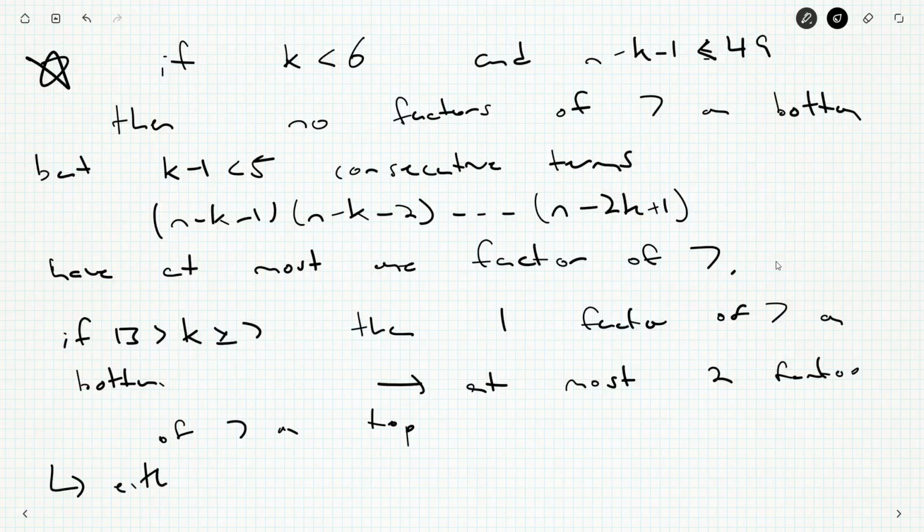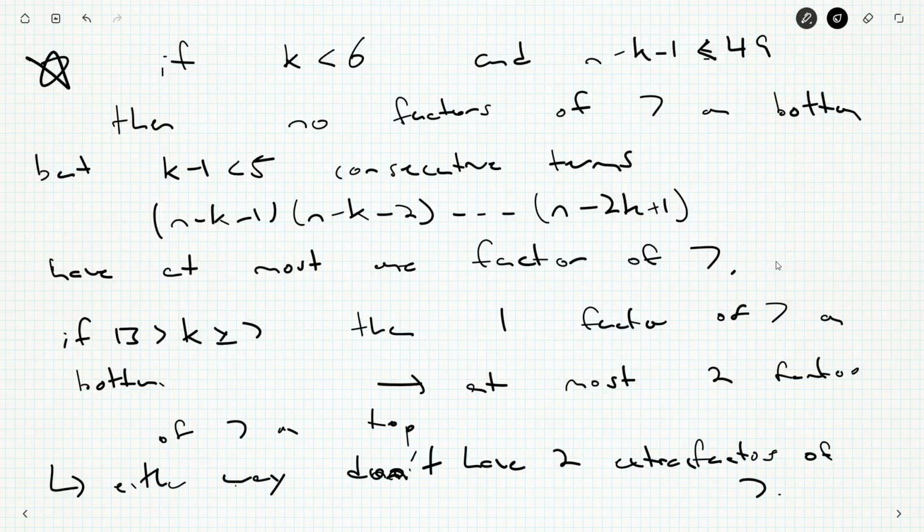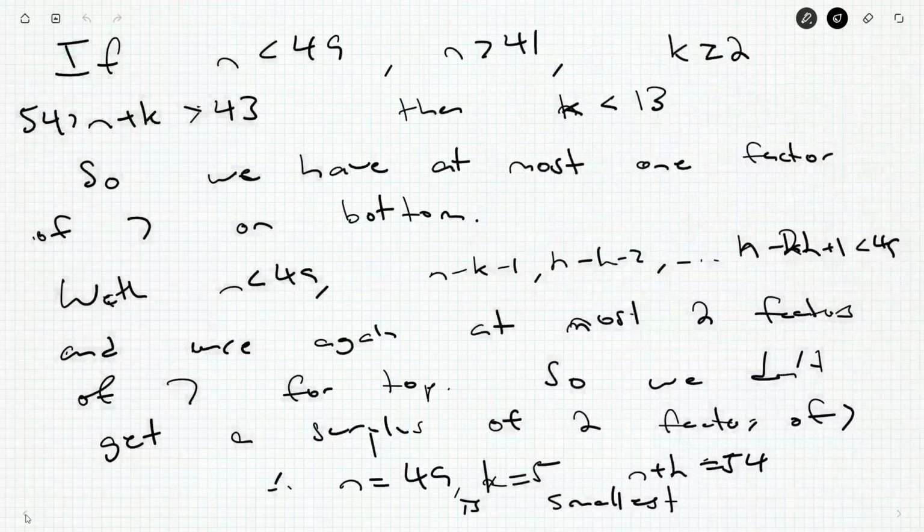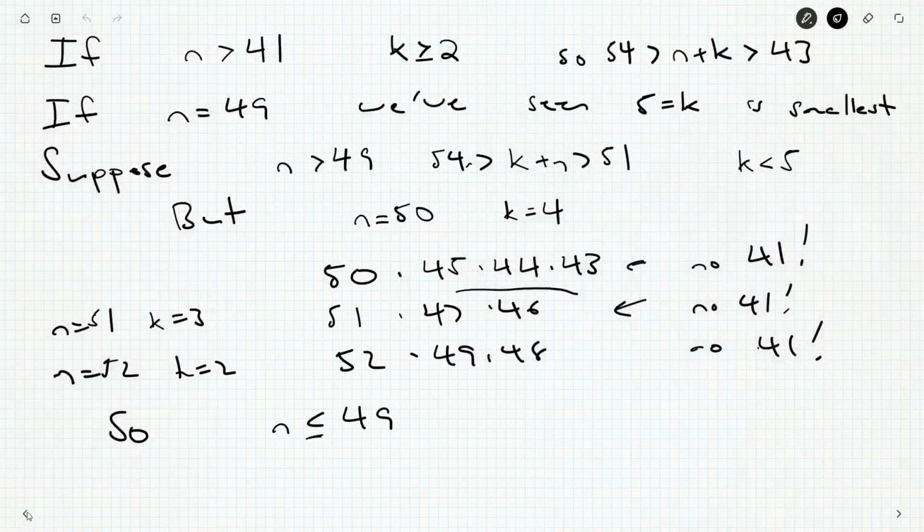Either way, no surplus of 2 factors of 7. Let's say we don't have 2 extra factors of 7. Okay, so that clarifies that thought, but let's continue proofreading and then we can be all done with this one. Okay, where were we?